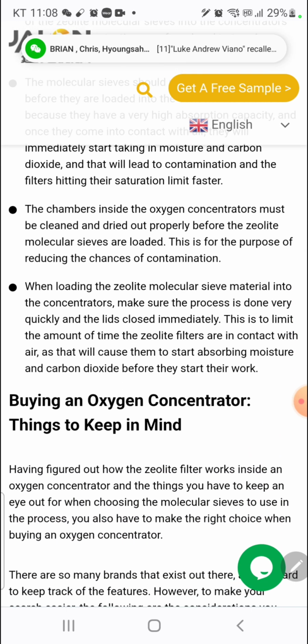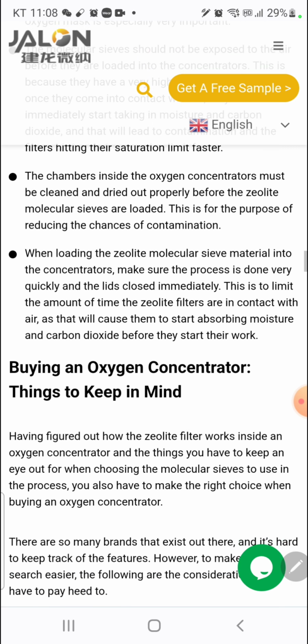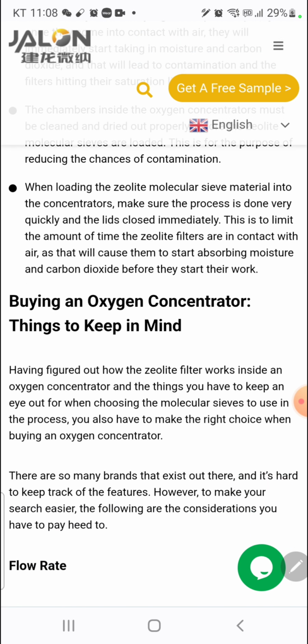The chambers inside the oxygen concentrators must be cleaned and dried out properly before the zeolite molecular sieves are loaded. This is for the purpose of reducing the chances of contamination. When loading the zeolite molecular sieve material into the concentrators, make sure the process is done very quickly and the lids closed immediately.